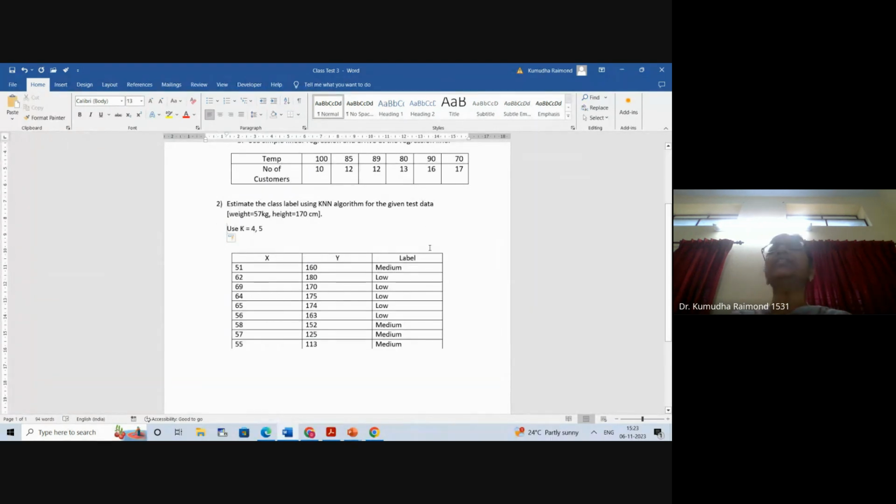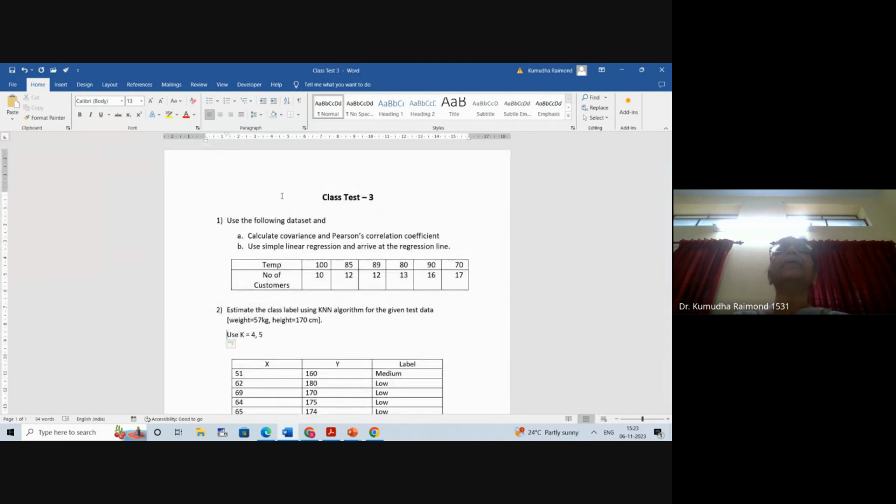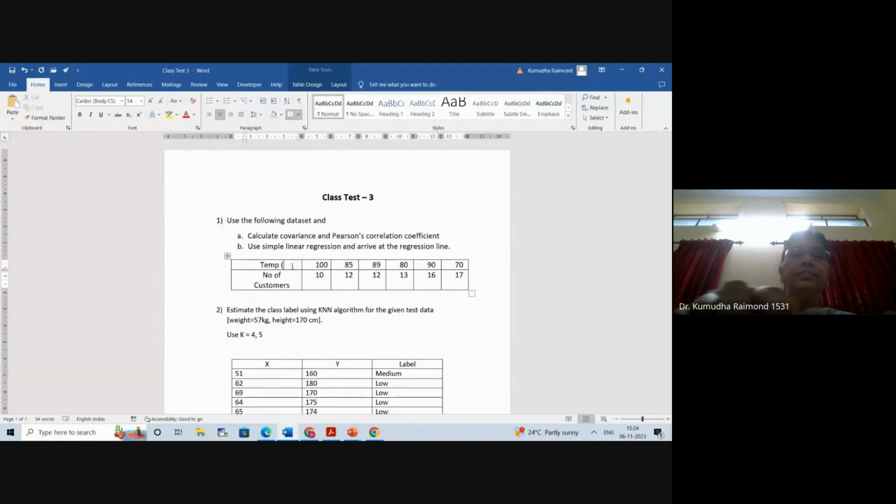And the first question is on Pearson correlation coefficient. Using this data set, I need you to find out the covariance and Pearson's correlation coefficient. And then using temperature and the number of customers, you need to calculate a simple linear regression line.